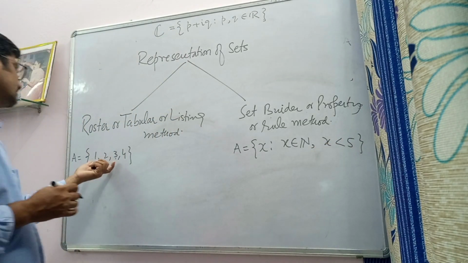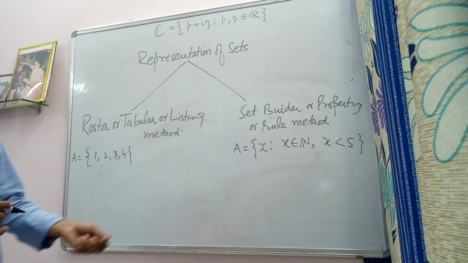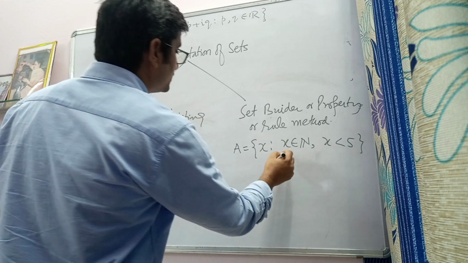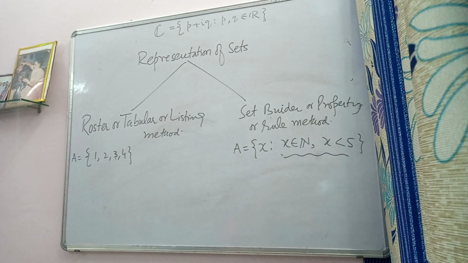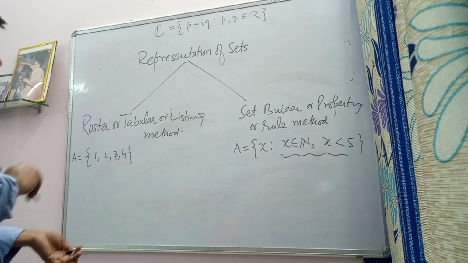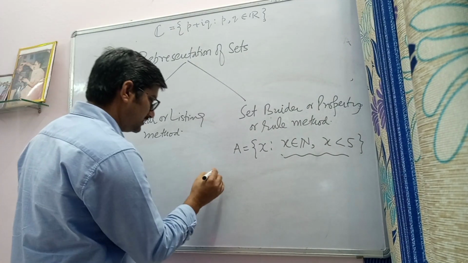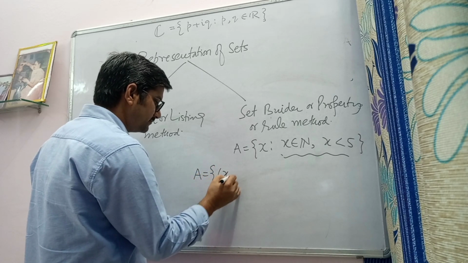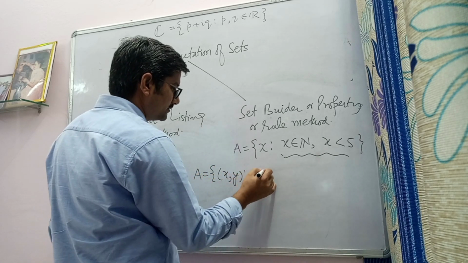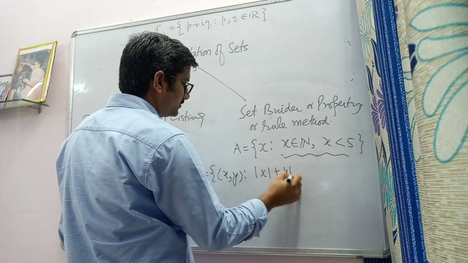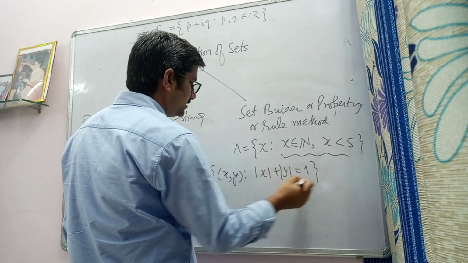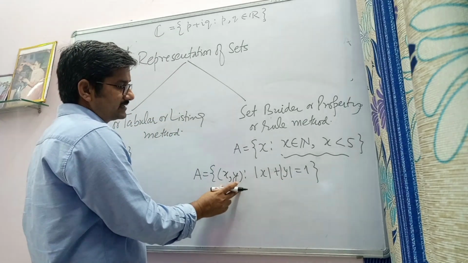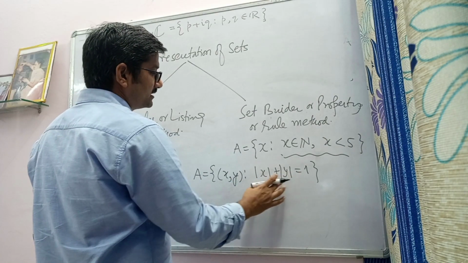So instead of writing in this form, we can write the set A containing all the elements which satisfy this property. For example, we can take another example, say A contains all the points (x, y) such that modulus x plus modulus y is equal to 1. So it contains all the points in two-dimensional space or plane which satisfy this equation.